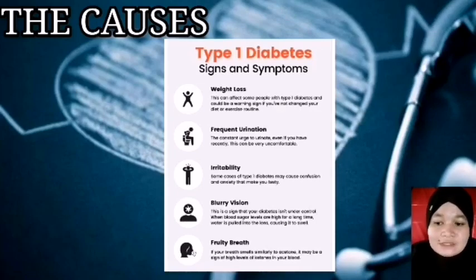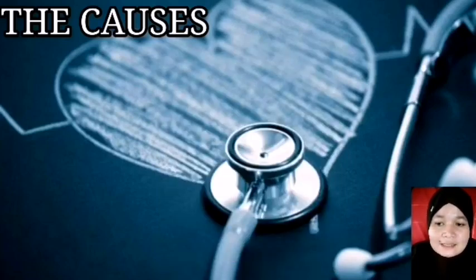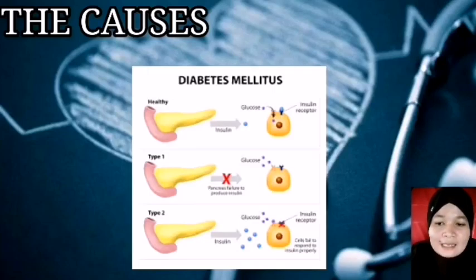Usually, the body's own immune system, which normally fights harmful bacteria and viruses, mistakenly destroys the insulin-producing islet or islets of Langerhans cells in the pancreas. Other possible causes include genetics, exposure to viruses, and other environmental factors.